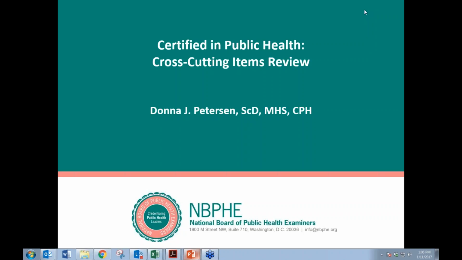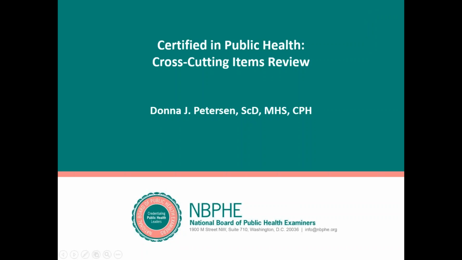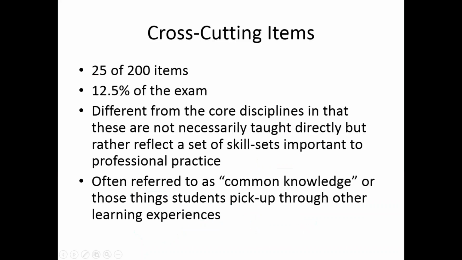So what we'll be doing for the next couple of hours, and I don't think we'll take more than 2 hours, is discuss the cross-cutting items that are part of the exam. As Kate mentioned in her introduction, the exam is based primarily on the traditional 5 core areas of public health.